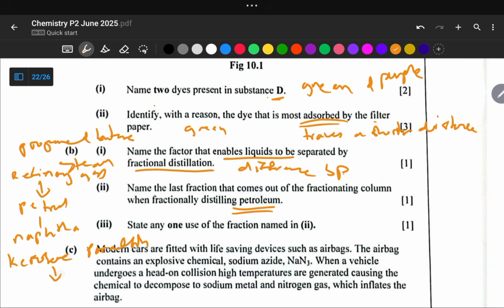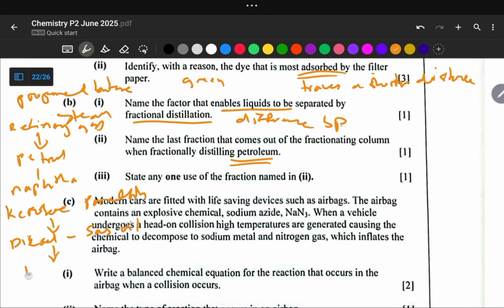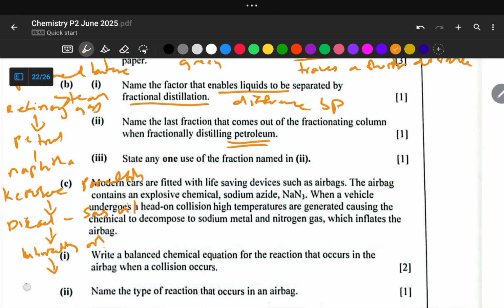And then we go on to diesel, at times called gas oil. And then we go on to lubricating oil, and lastly we have bitumen, the residue.